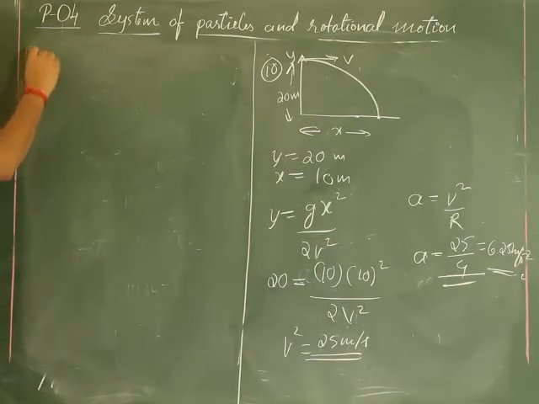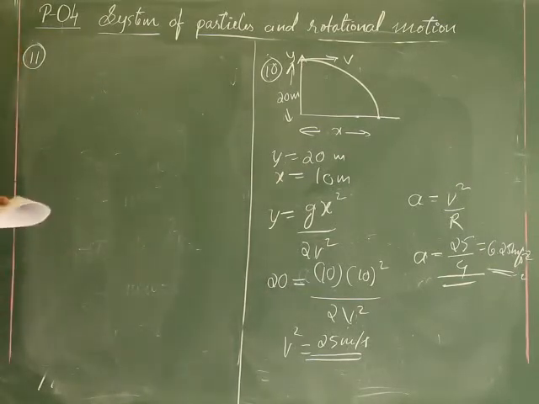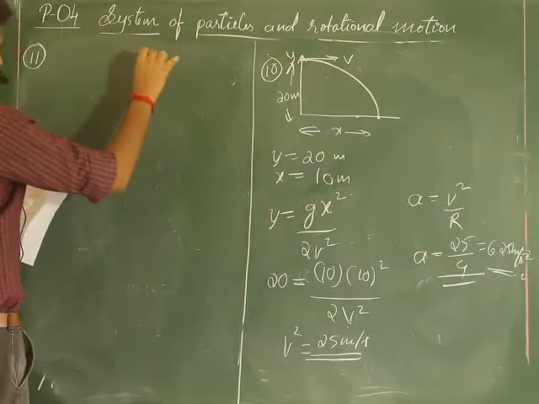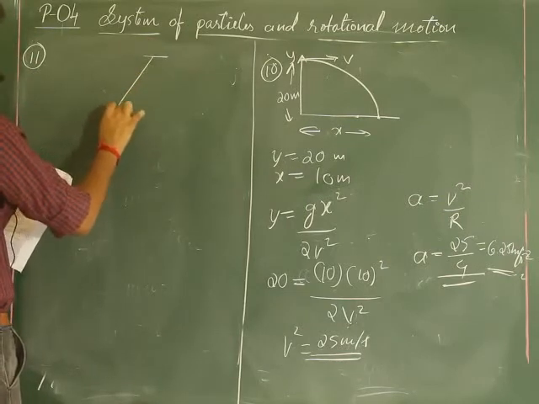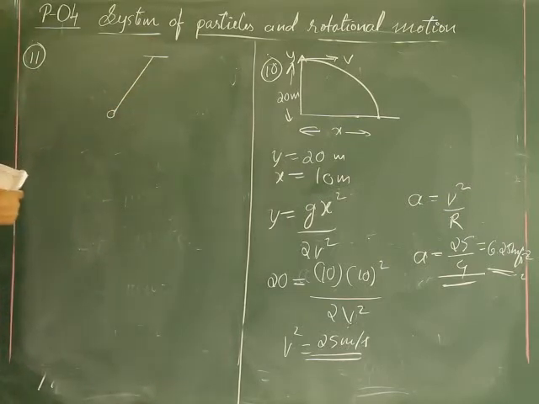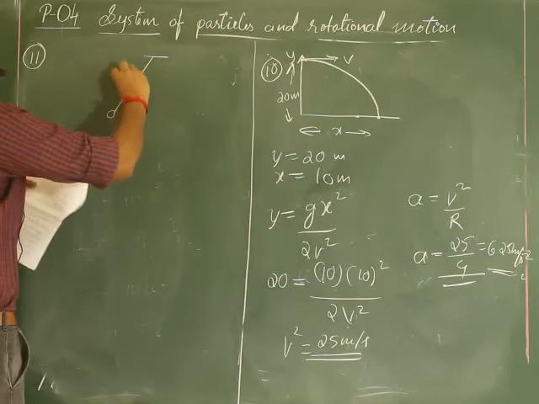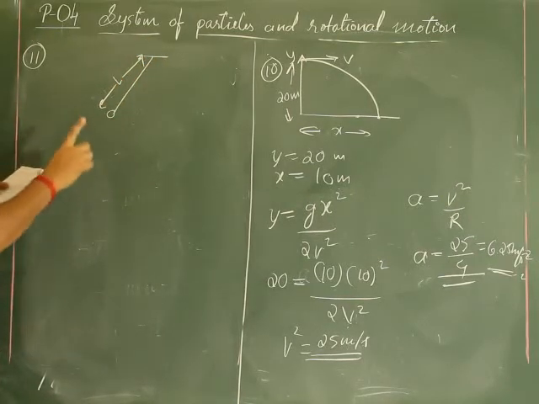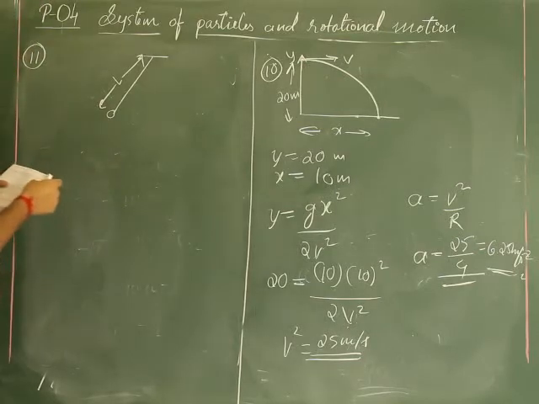Next, question number 11. A particle of mass m, as in the diagram given there, is tied to a light string of length L, moving on a horizontal circle of radius r.